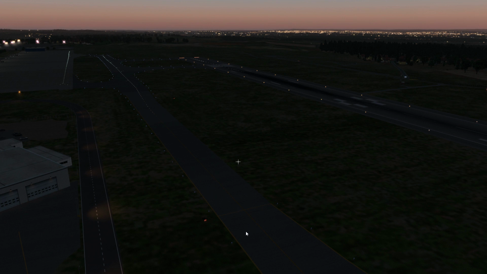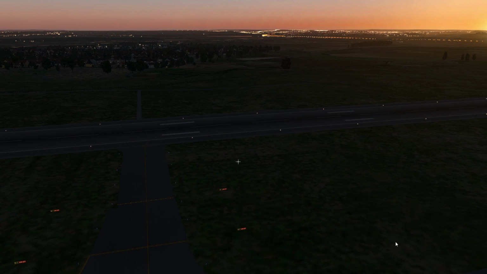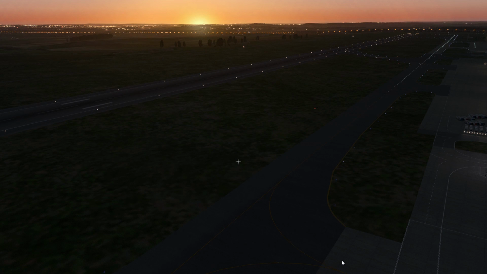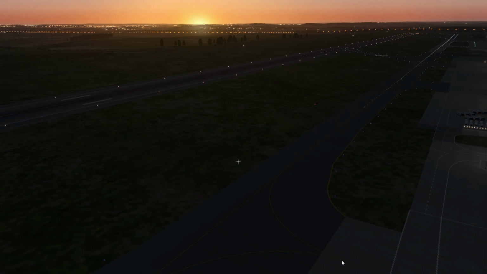We might have a look there, or have a look at Echo Golf Hotel India, which is Southampton. Then we'll look at Echo Golf Lima Lima. Then we're going to go right across the pond and over to Kilo Juliet Foxtrot Kilo, KJFK. That's in New York, because the lighting systems are different around the world, somewhat anyway. But let's get straight on with this.